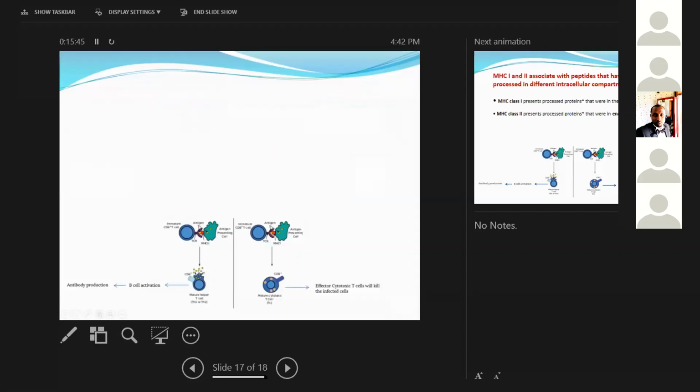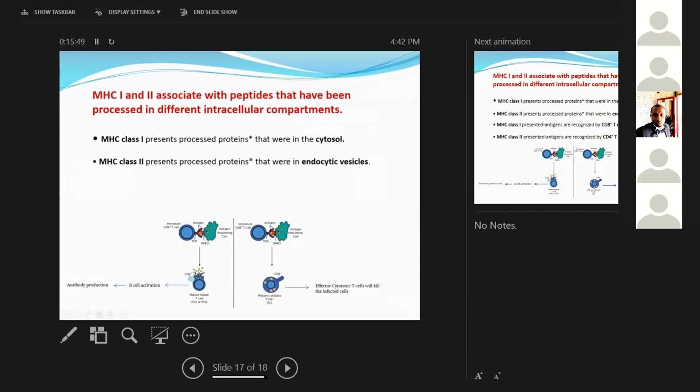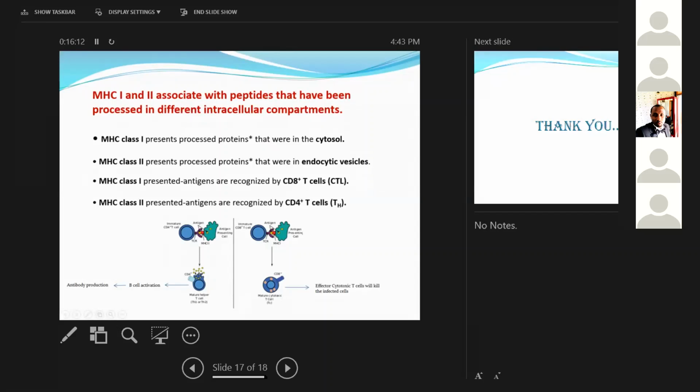Okay, so what I want you to remember is if it is a virus, it will be in the cytosol, and it will be presented with MHC class 1, because that is important for a cytotoxic T cell to recognize it, because we know that, as shown here on the right side, any cell can express MHC class 1.